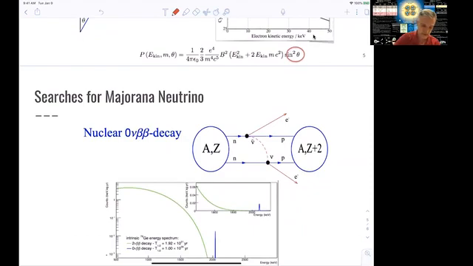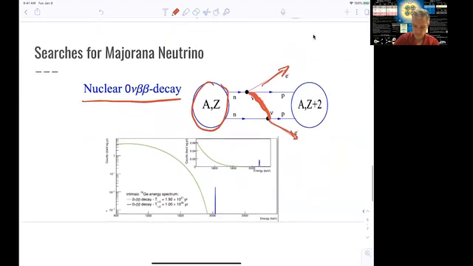The highest sensitivity comes from so-called neutrinoless double beta decays. One starts with nuclear decays where 2 electrons are emitted, but no neutrino. This requires a transition which includes the neutrino, where the neutrino has to be its own antiparticle. That just means that the neutrino is of Majorana nature.